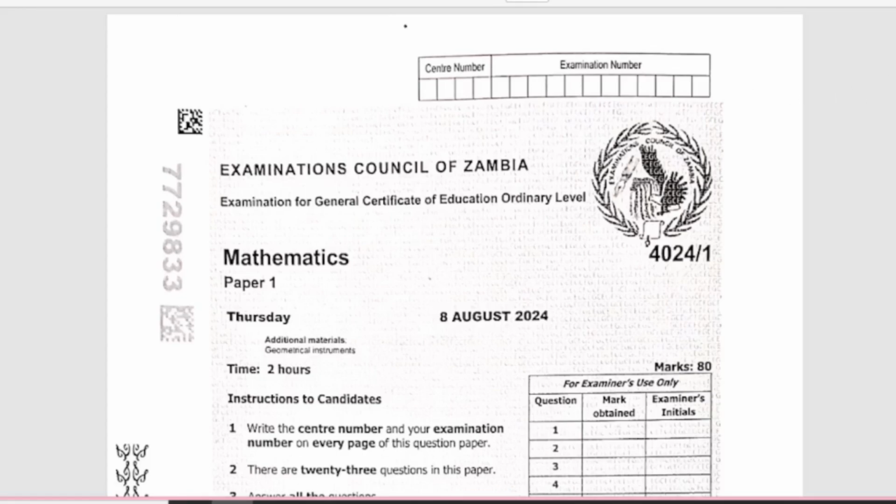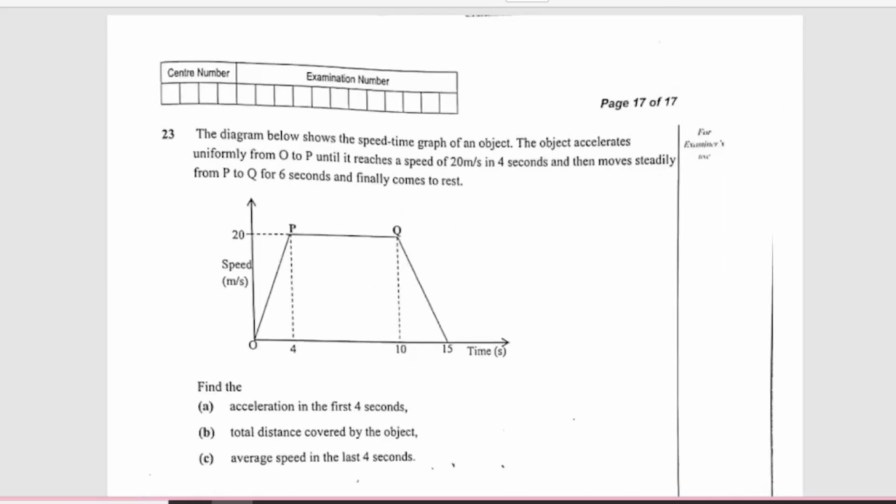I am solving the last question, which is question 23 from the GCE past paper, which was written in August 2024, Math Paper 1. Question 23 reads, the diagram below shows the speed-time graph of an object.